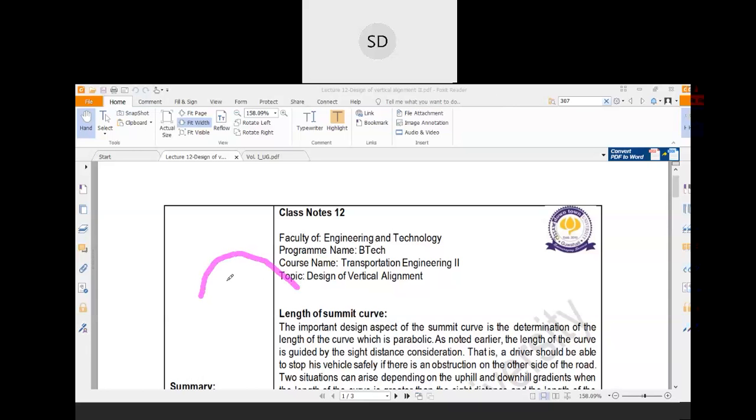Now, if you consider the driving condition in the summit curve, if one vehicle is passing a summit curve, what will happen? The centrifugal force will be acting upward, whereas the weight of the vehicle would be acting downward in case of a summit curve.